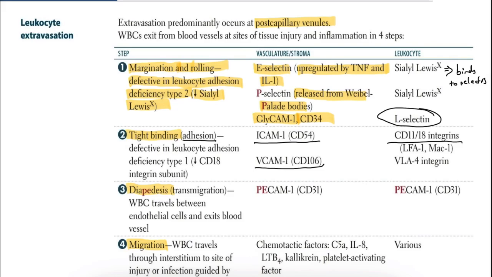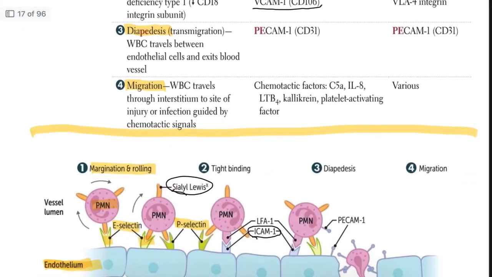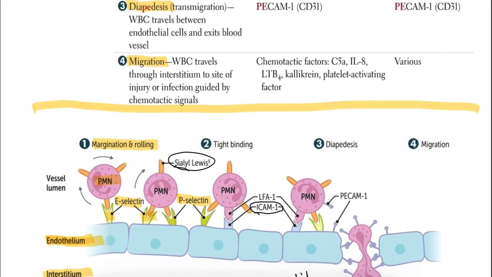These interactions are stronger than rolling and anchor the white blood cells to the vessel wall. Defects here cause leukocyte adhesion deficiency type 1, LAD1, due to deficiency of the CD18 integrin subunit.